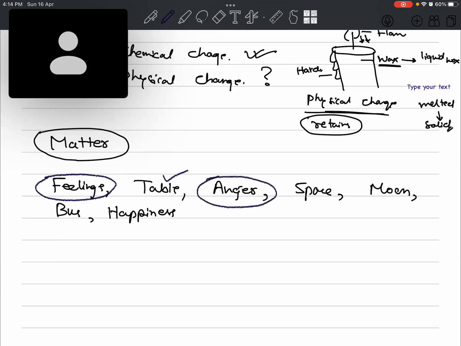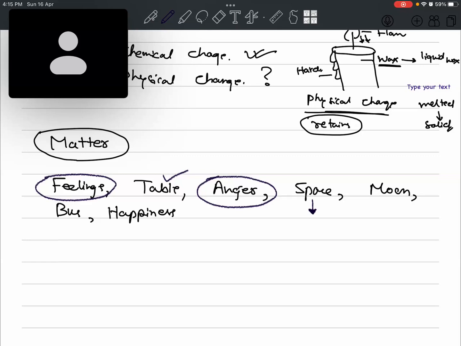Okay, space? Which space? Like space in the earth, or like space in the context of the universe? No, occupying space like that. Okay. Here, space becomes a quality.